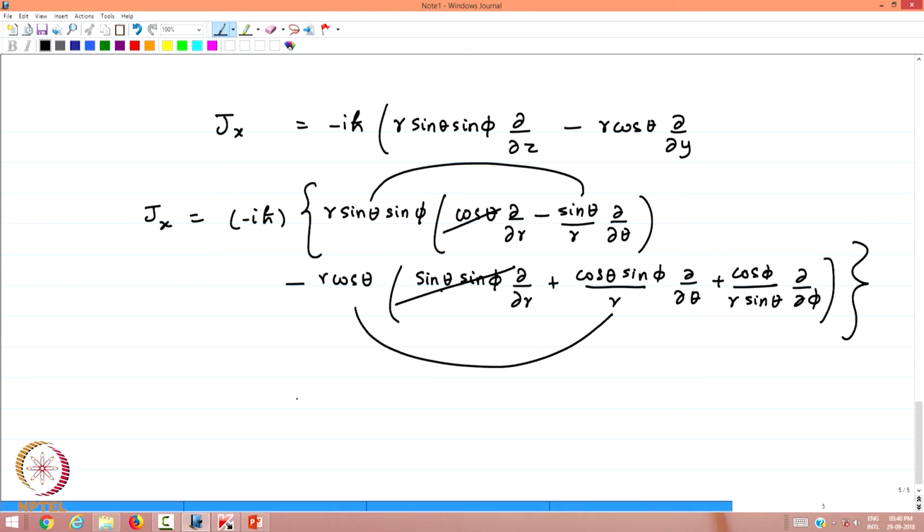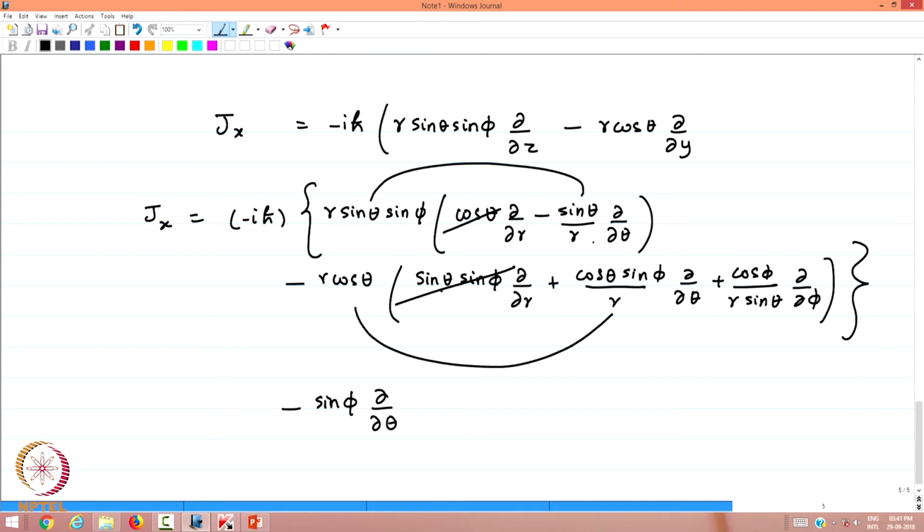Therefore, these two will give you minus sin φ ∂/∂θ, and the last term that you have, of course there is no other term, is minus sin θ by r minus sin φ.